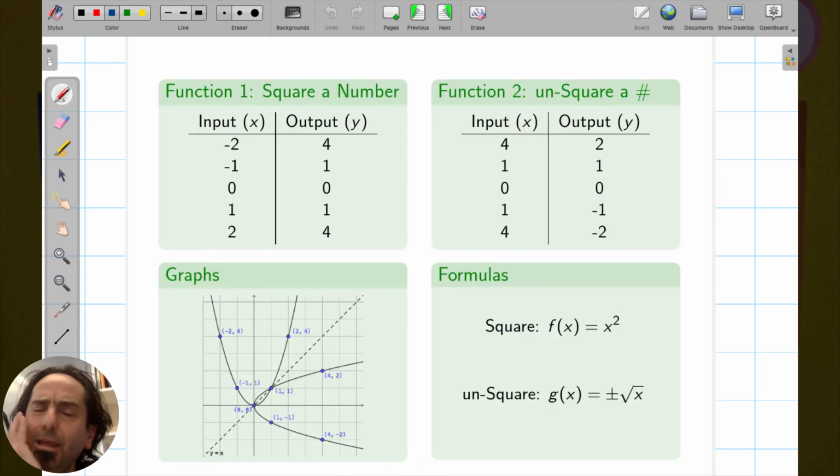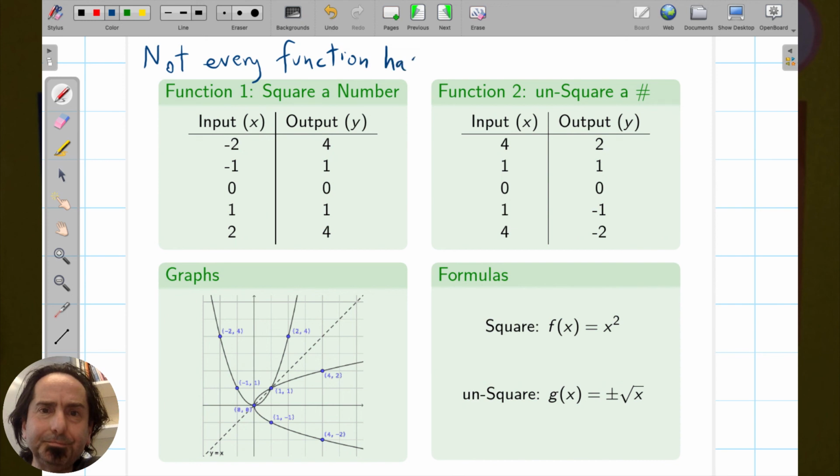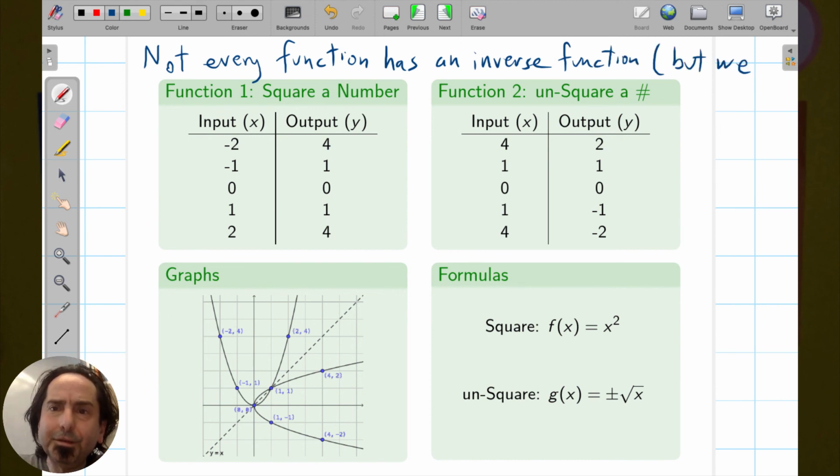Here's an example that is problematic, and what you should learn from this is that not every function has an inverse function, but we can salvage it sometimes.